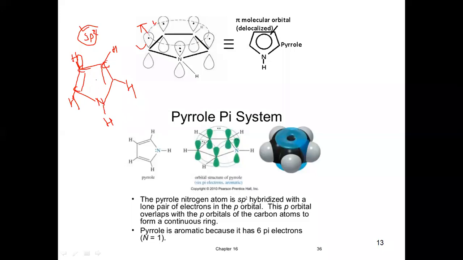Okay, so in this way, in pyrrole you can see there are two pi bonds forming between carbon and carbon through the sp2 pz overlapping. And now here nitrogen, which has the lone pair of electrons in a pz atomic orbital.